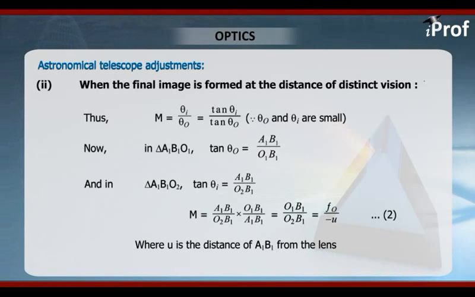Making the substitution, we get the expression for capital M, and it is O1 B1 divided by O2 B1, which gives us FO over minus U, where U is the distance of A1 B1 from the lens E.